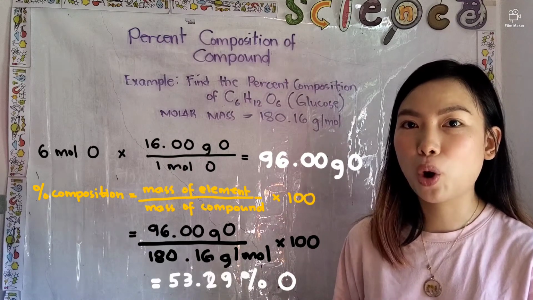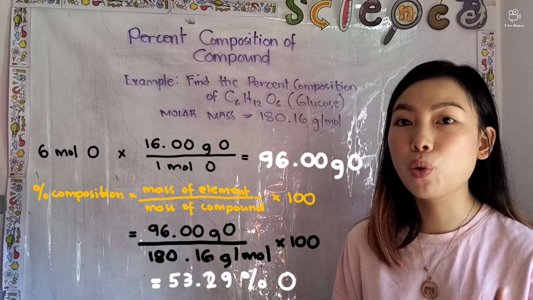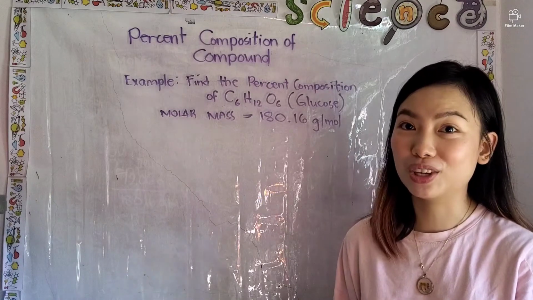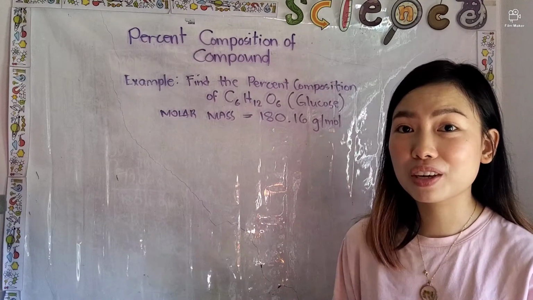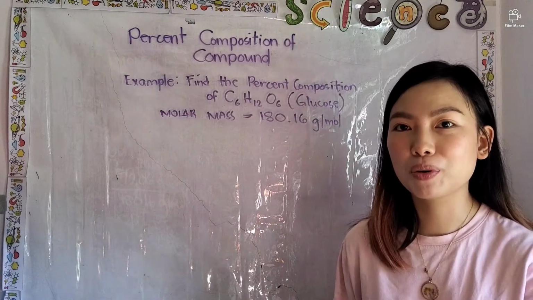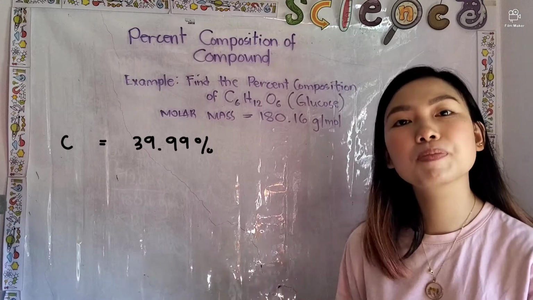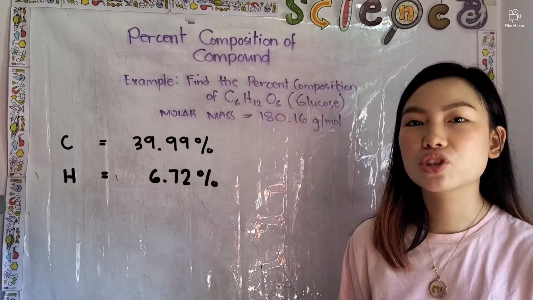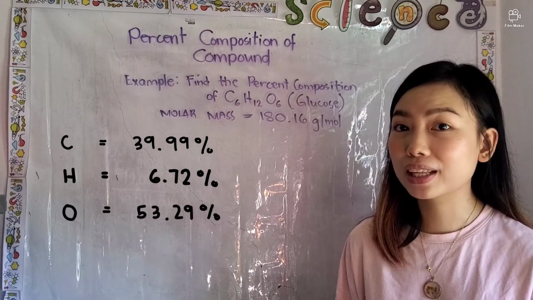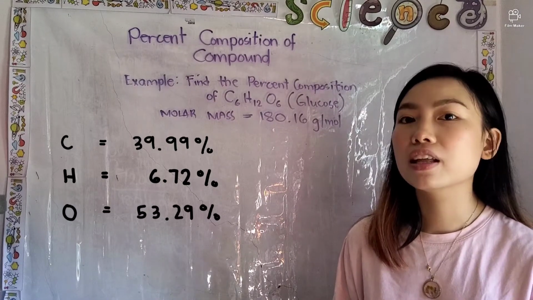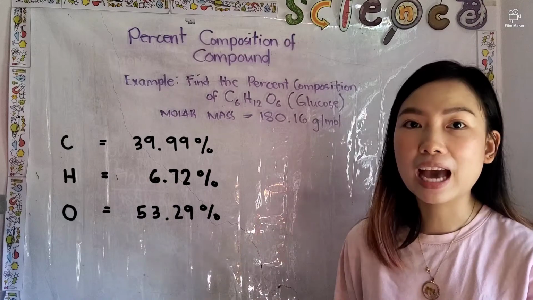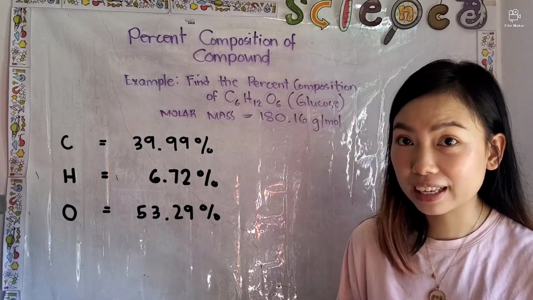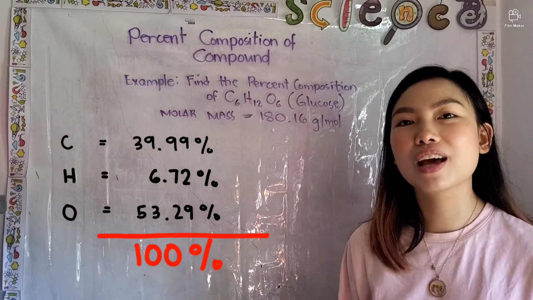You will just always multiply it by 100 to find its percent composition. Now, the percent composition of each element is carbon has 39.99%, hydrogen has 6.72%, and then oxygen has 53.29%. Then sum it up, add all the percent composition, and just check if it is equal to 100%.